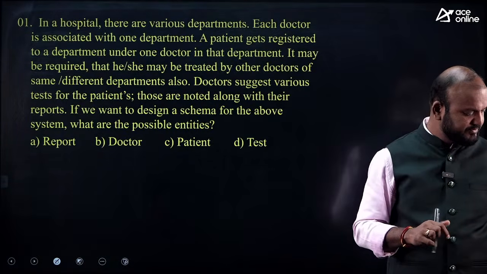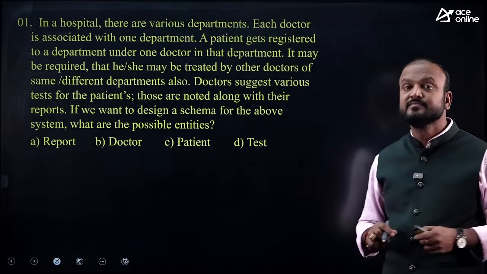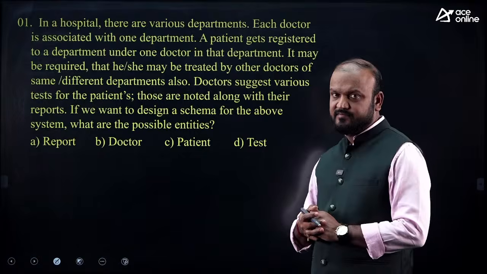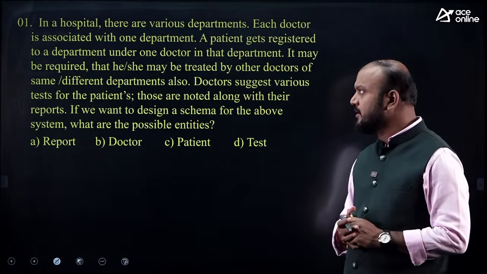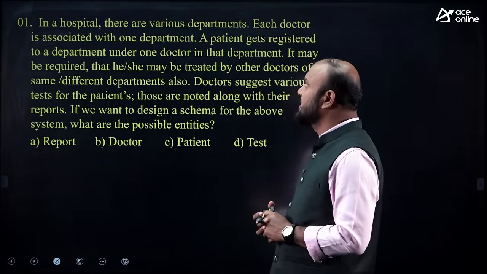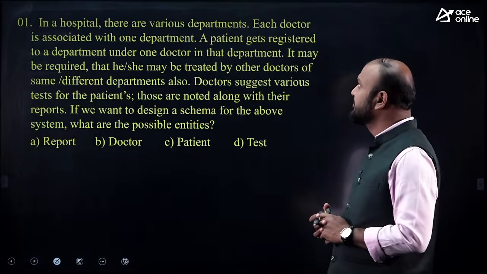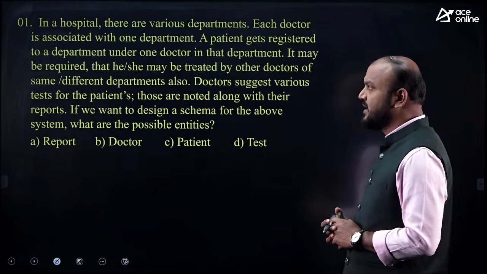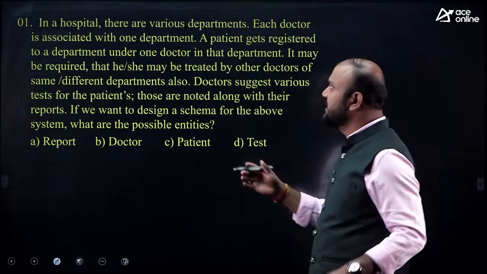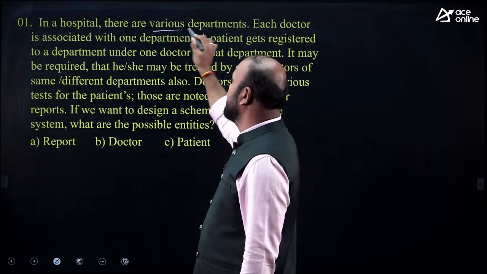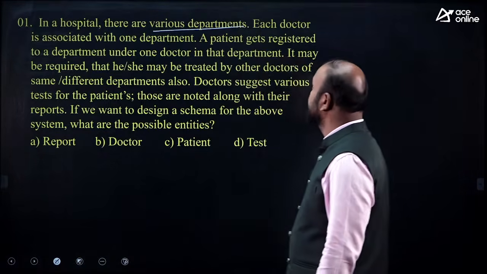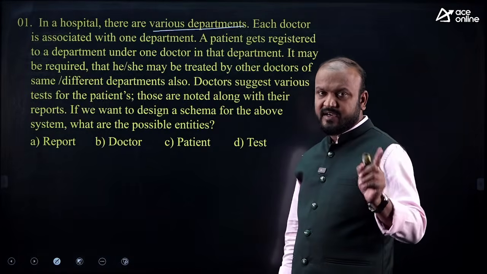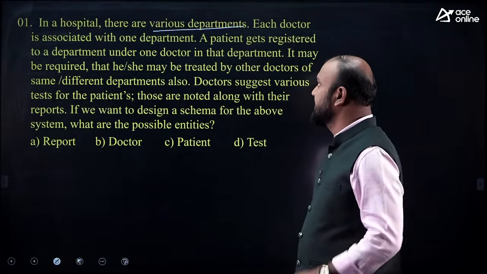Right. So, look at the question, what it is asking. In a hospital, there are various departments. Each doctor is associated with one department, meaning one doctor is associated with one department.